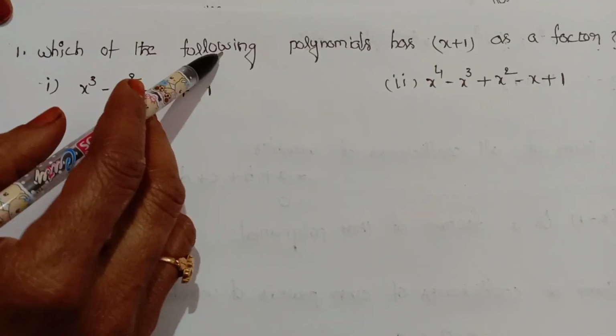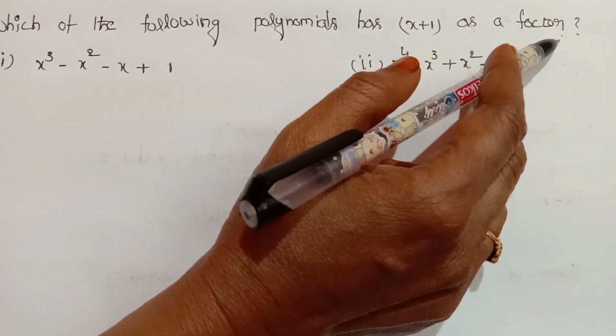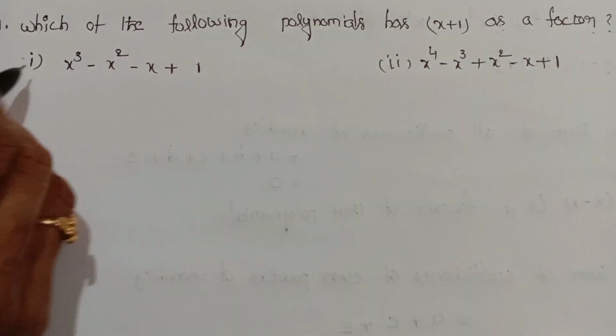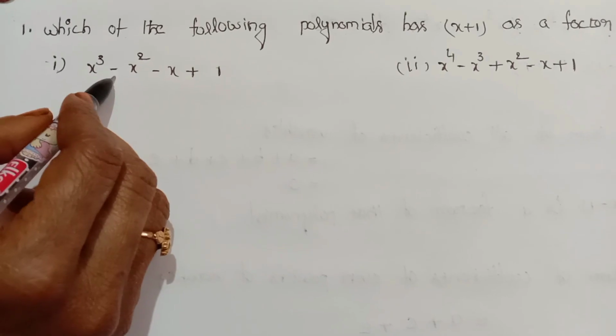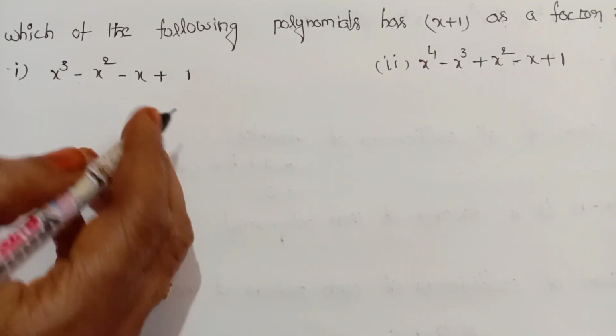Which of the following polynomials has x plus 1 as a factor? First one, x cube minus x square minus x plus 1.